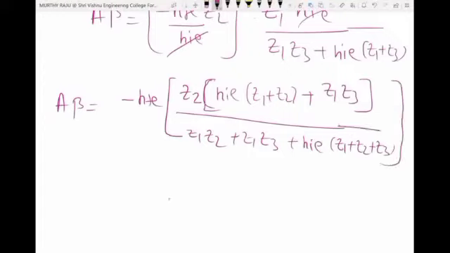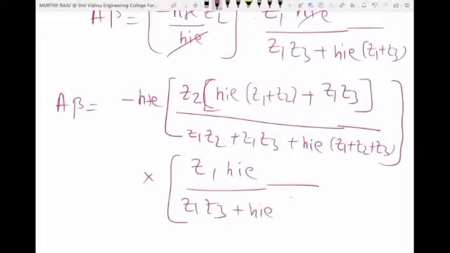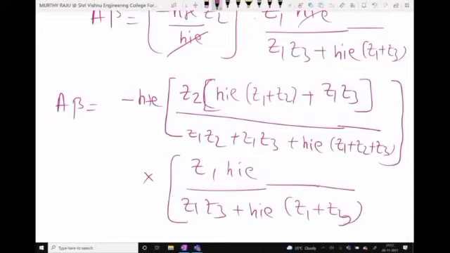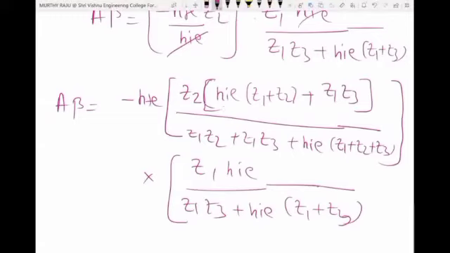This is the big bracket close, into the beta value, Z1 HIE by Z1 Z3 plus HIE into Z1 plus Z3. Okay, this one and this one cancel.